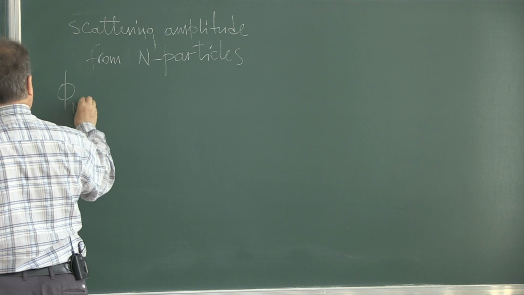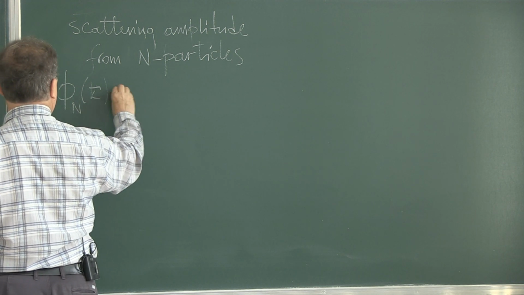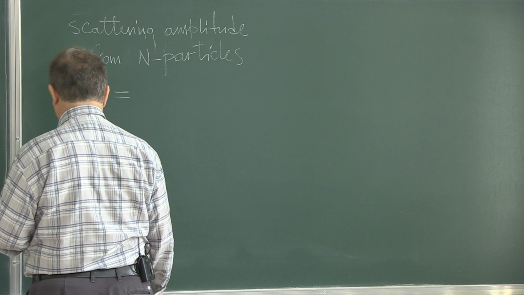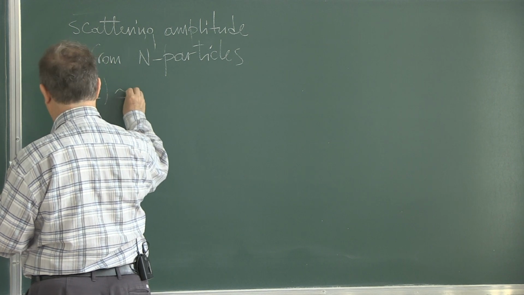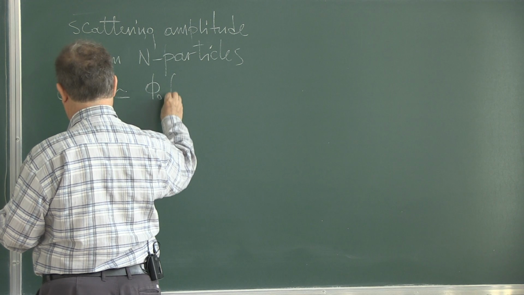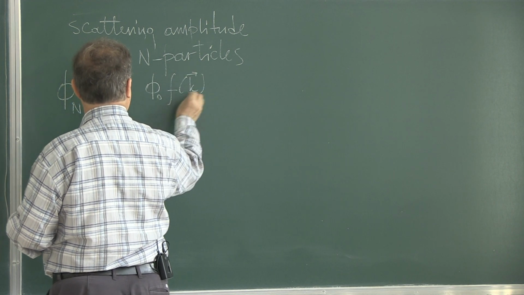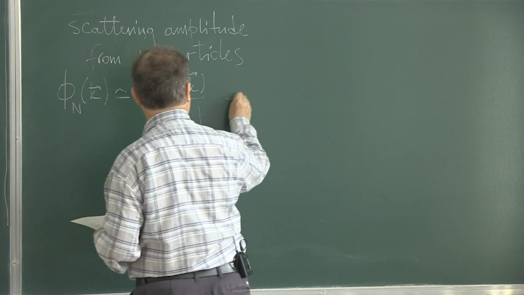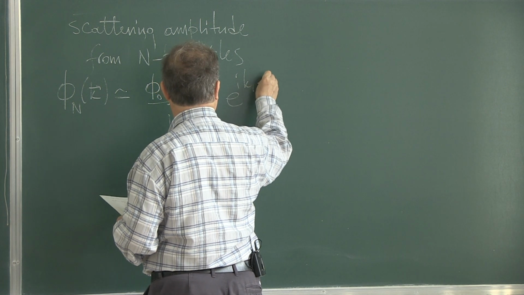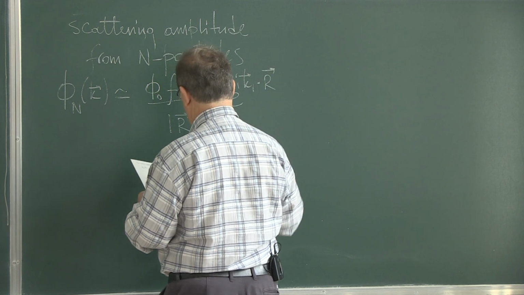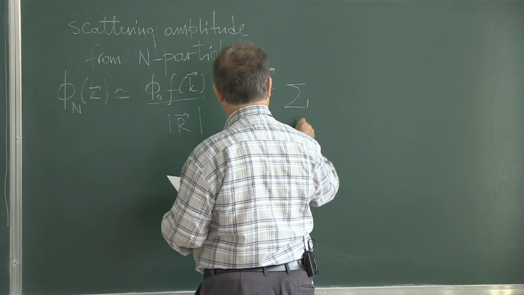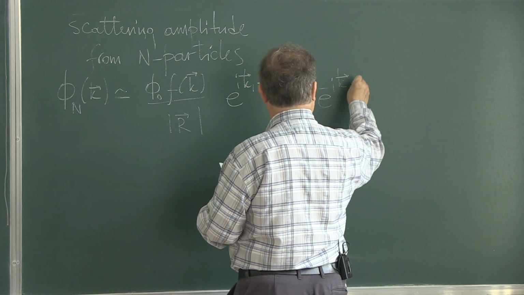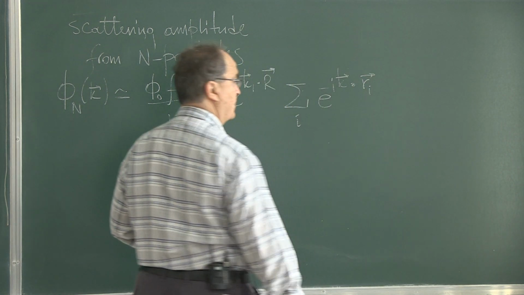Here's the total scattering amplitude, if you like. Well, approximately phi 0 f of k, read your book, e to the i k1 dot r, summed over all possible positions of the scattering centers.